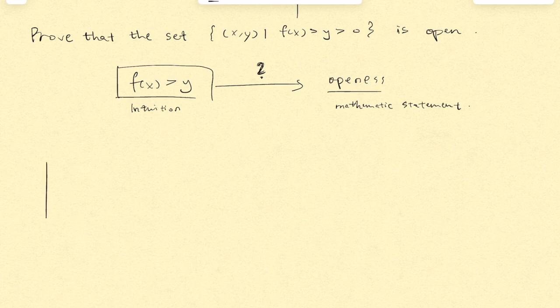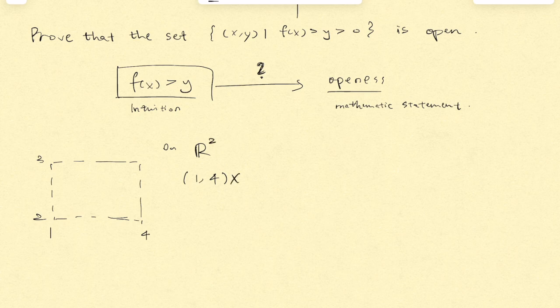Suppose you were given a region, let's say the open region on R2 that is the topology product of the open interval (1, 4) and the open interval (2, 3).